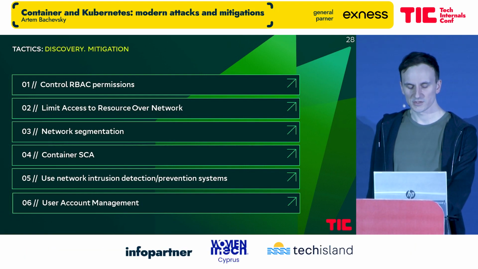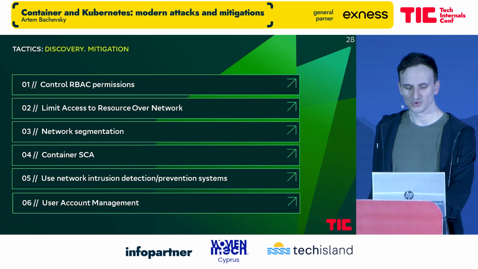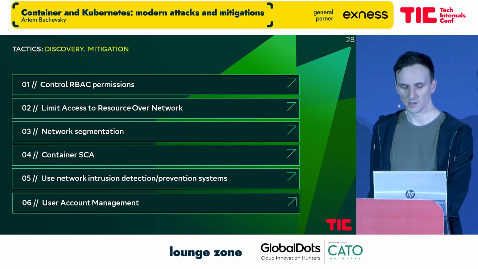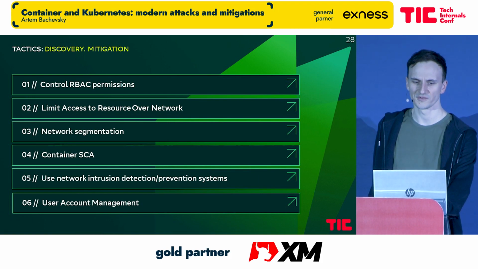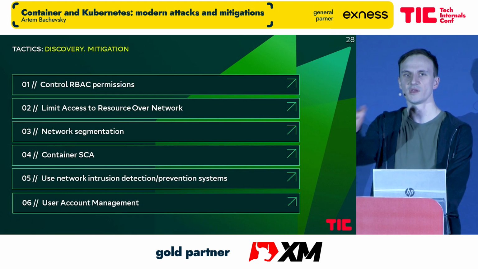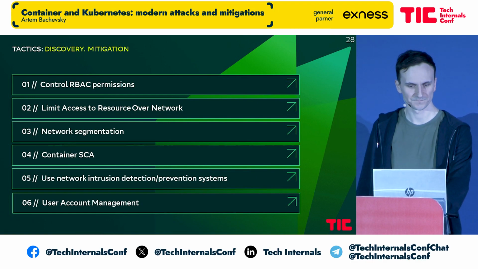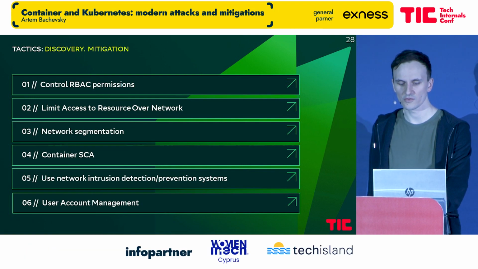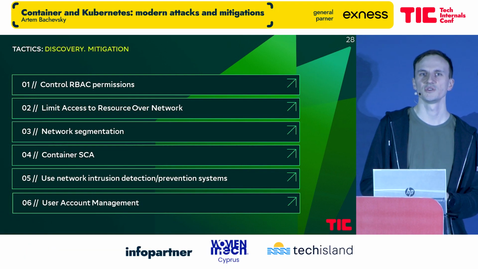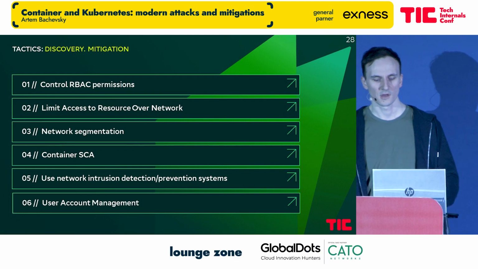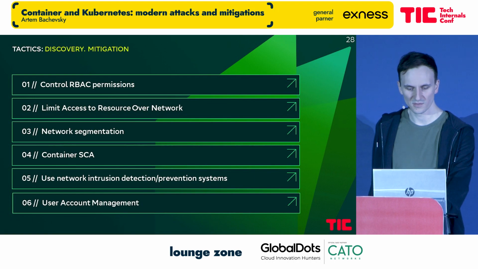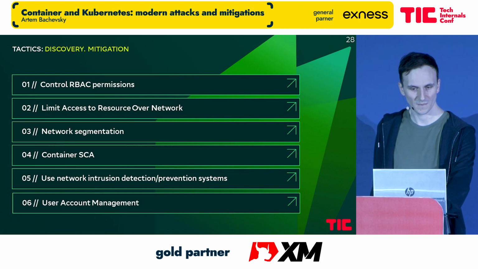And again, control RBAC permissions to not allow anybody who doesn't need it to call the API. Limit access over the network and use network segmentation between clusters. Container SA will also help with that, because if you have some tooling that allows network mapping, it is a bad case.